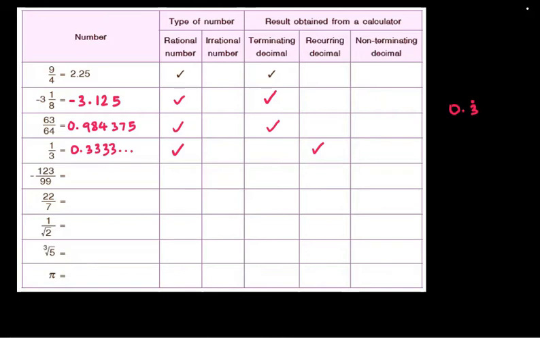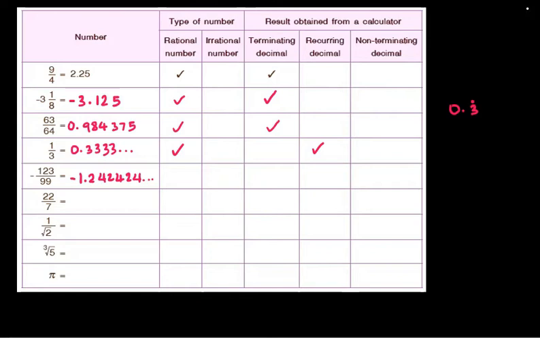Now, get negative 123 divided by 99. What do you get? We are getting negative 1.242424 repeating. You see, it cannot end.